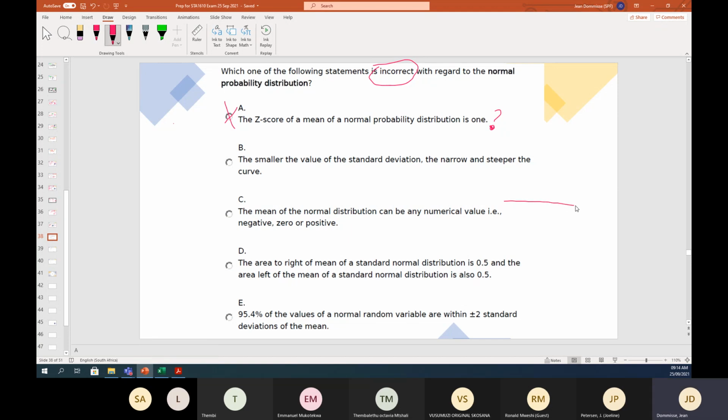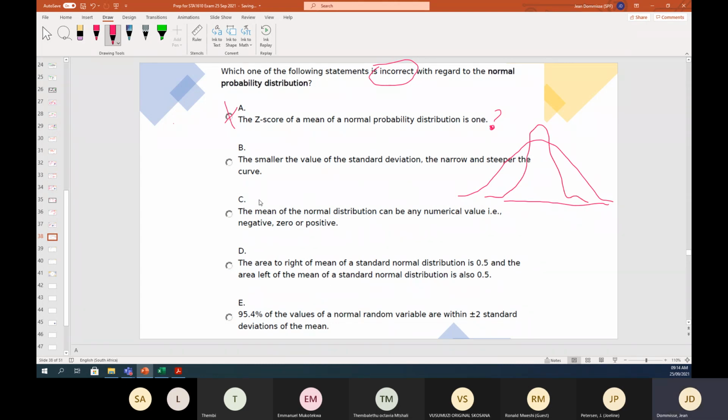So if we have a normal distribution with a big standard deviation, it will look something like this. If we have it with a narrow and steep or a small one, it will look something like this.